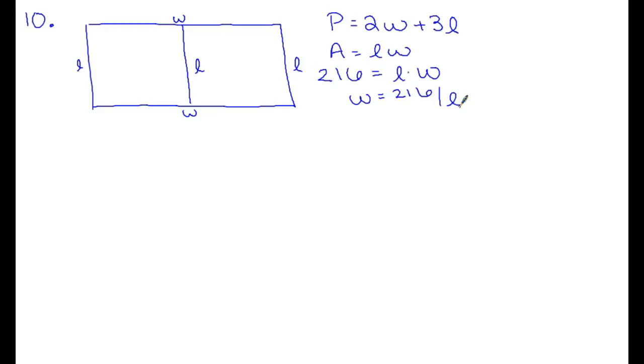I kept my L's for W. So I said my new perimeter is 2W, no, 2 times 216 over L plus 3L. Yep.